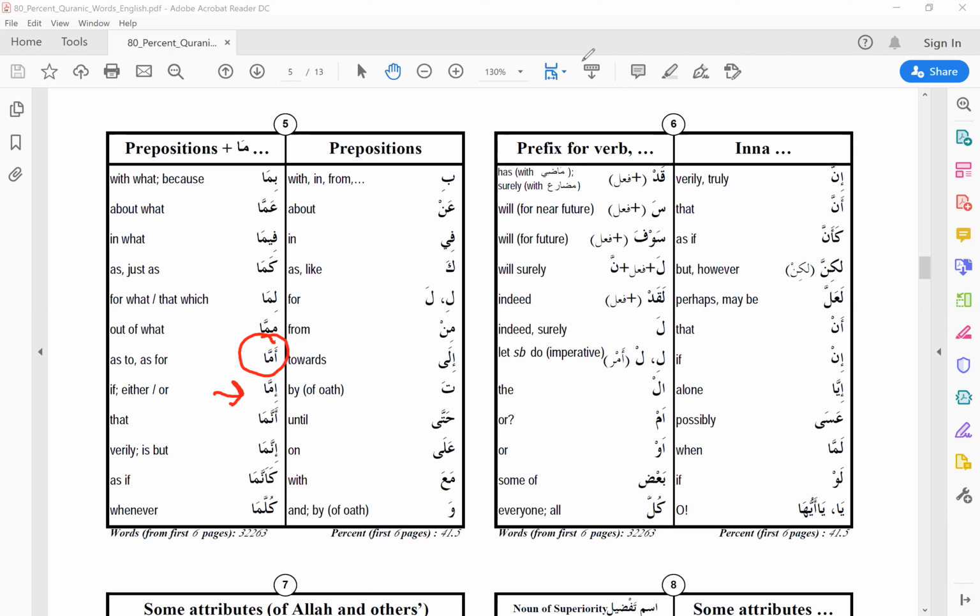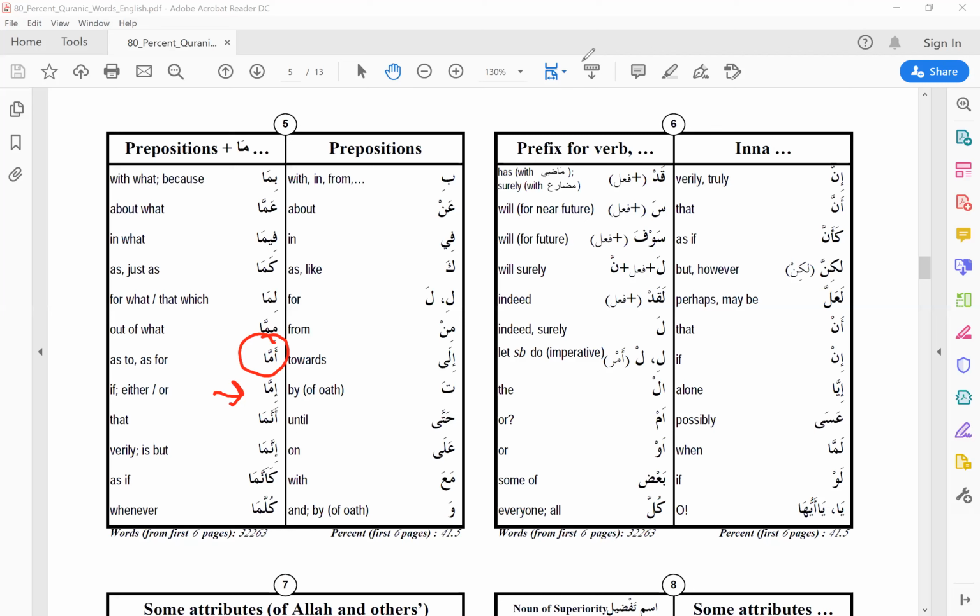You choose, imma such or such. You figure out the difference, you figure out the choice. You compare the two and choose what you think is best. So either this or that. There's imma. All right, let's move on. Anna and ma.